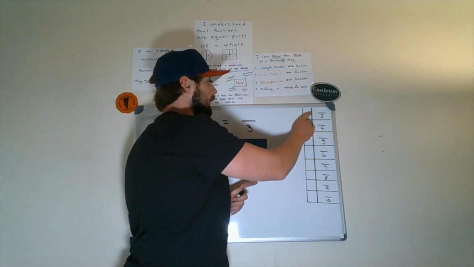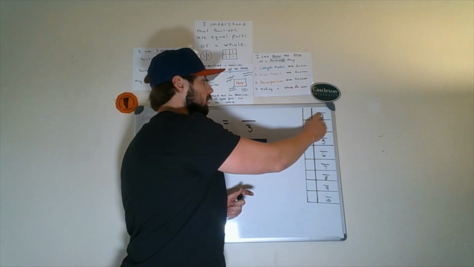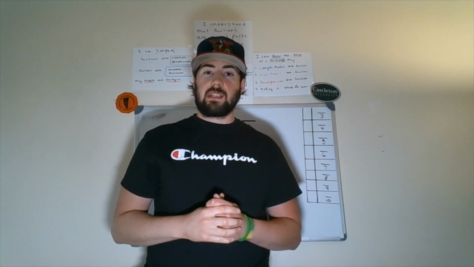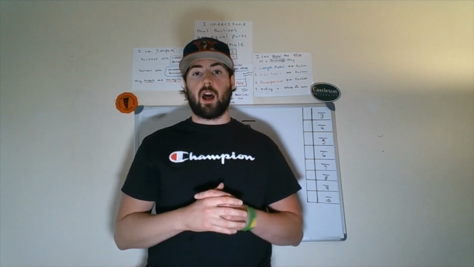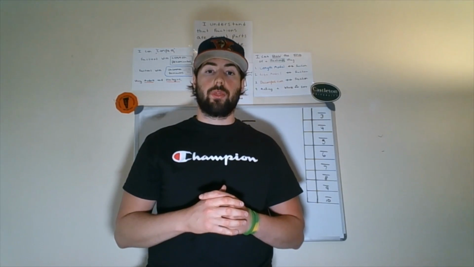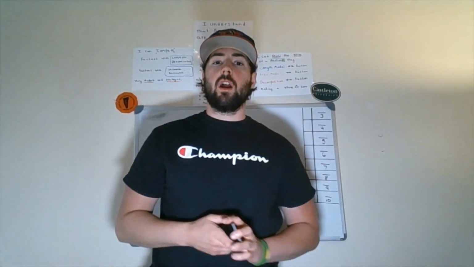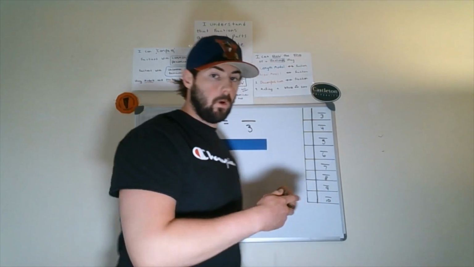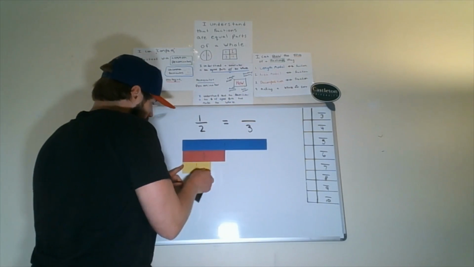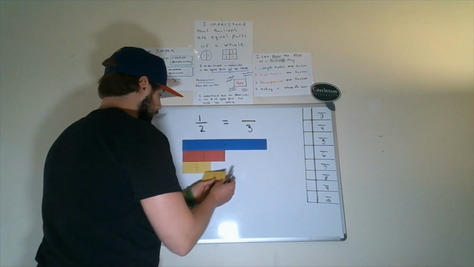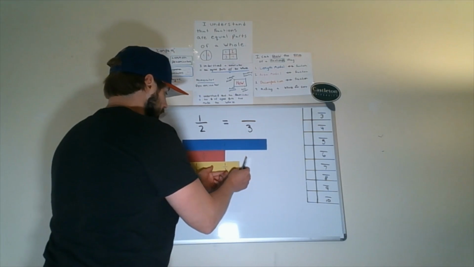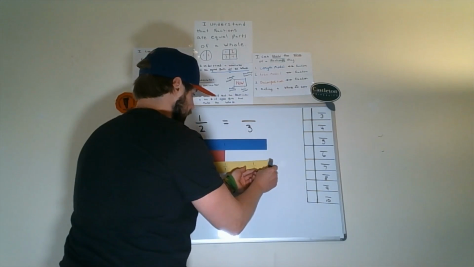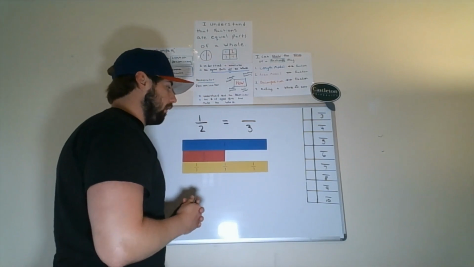So we're going to take a look at first thirds all the way to tenths. Let's see if there's any equivalence when we're working with thirds. We know when we're looking at thirds, 3 equal parts make that whole. Let's do it. 1, 2, 3. 3 parts make that whole.